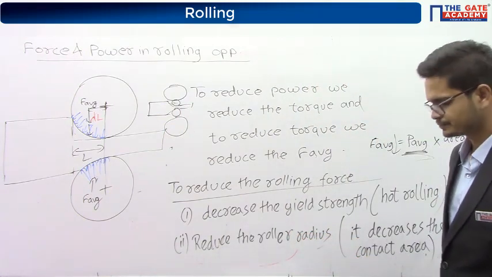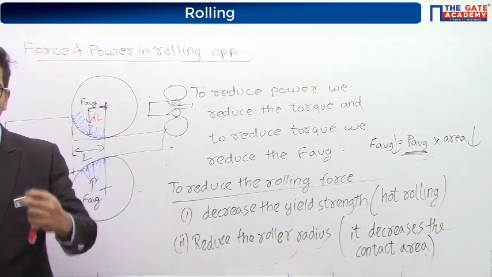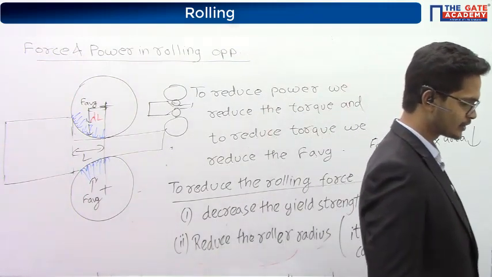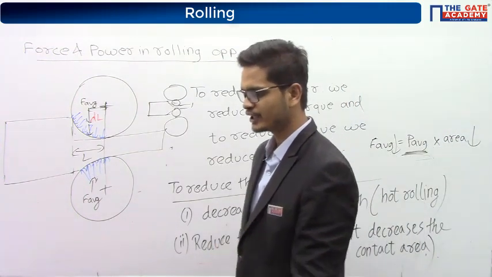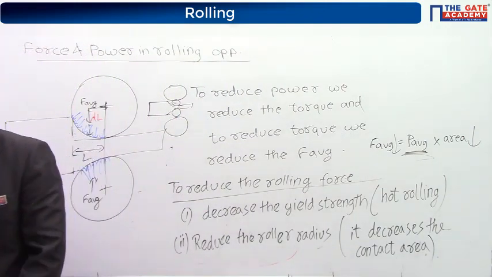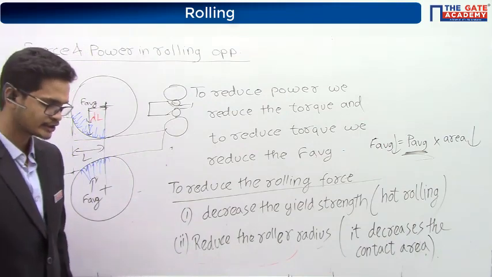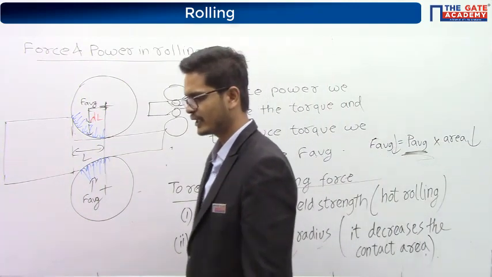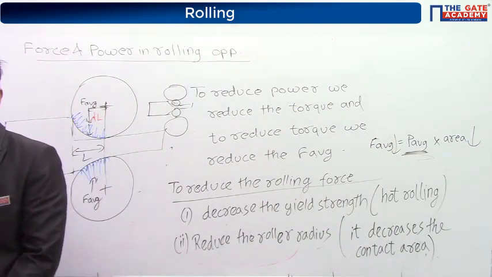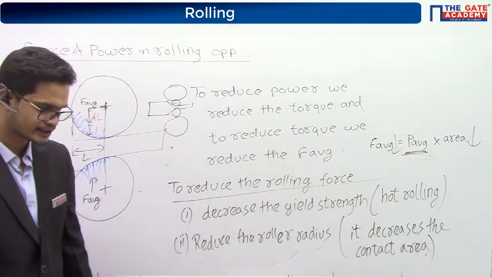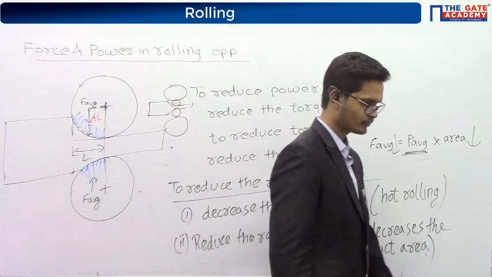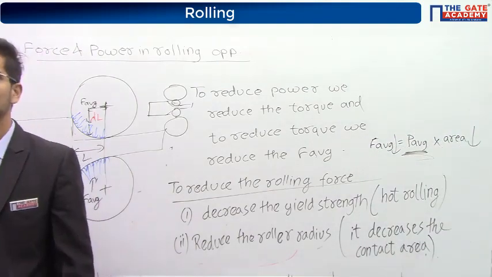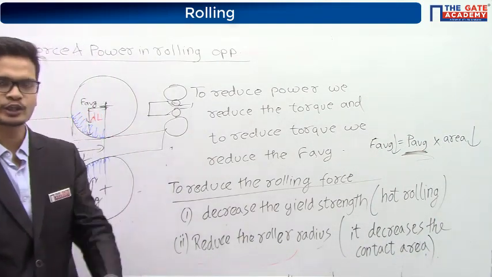Okay, so please write down. When the roller radius is reduced, its load bearing capacity decreases, and hence there is a high chance that the roller may bend. Therefore, some external support must be given to the roller.